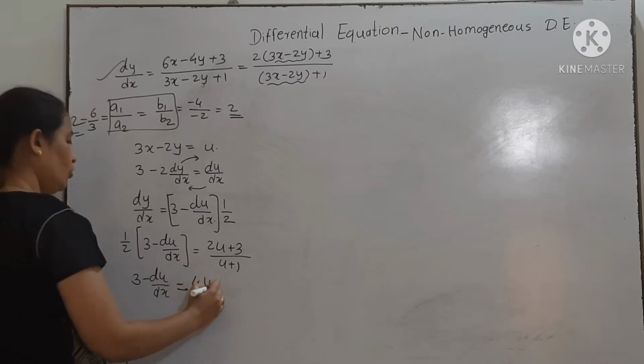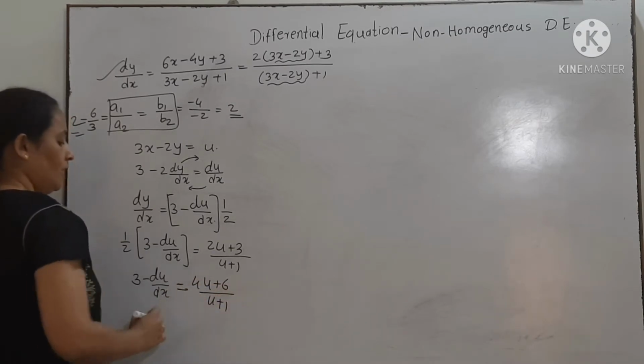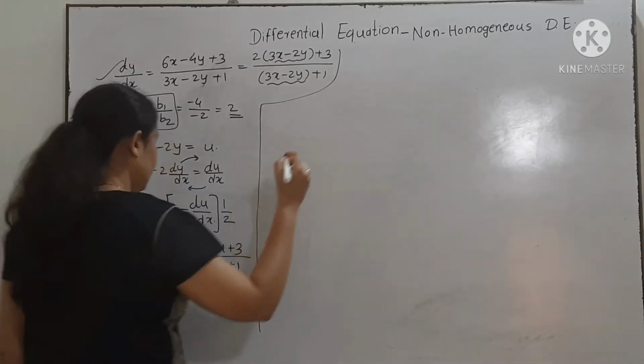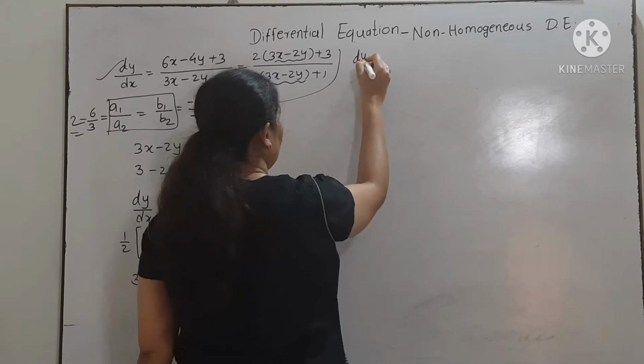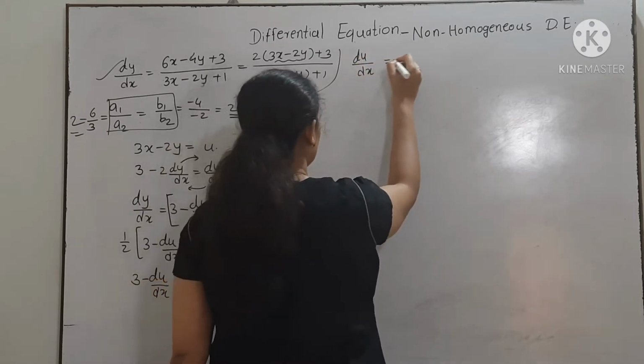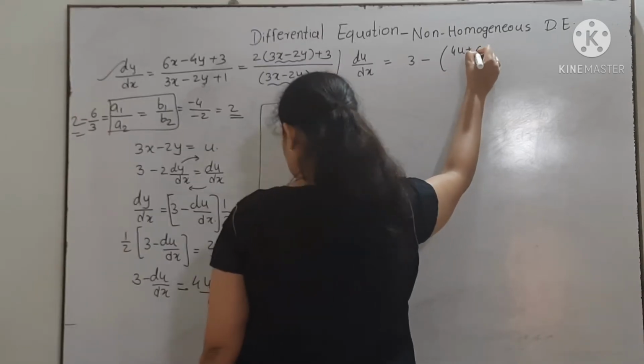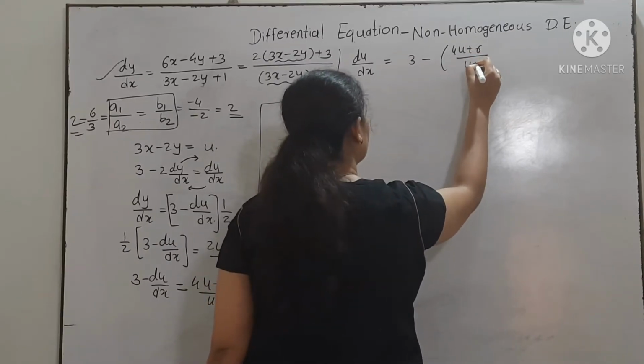So it is (4u plus 6) upon (u plus 1). Therefore, from this, if we find value of du by dx will be equal to 3 minus (4u plus 6) upon (u plus 1).